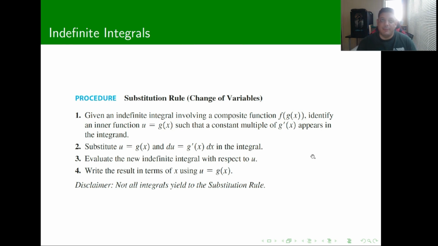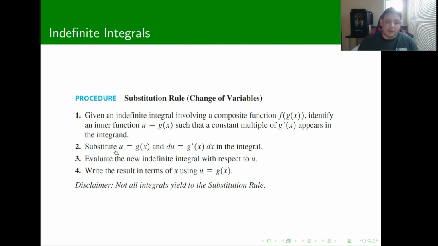Well, the main benefit is that we can transform a very complicated integral into one of the antiderivatives that we know. So what's the procedure for the substitution rule? First, we have an indefinite integral involving a composite function f of g of x. We identify the inner function u equals g of x, such that a constant multiple of g prime of x appears in the integrand.